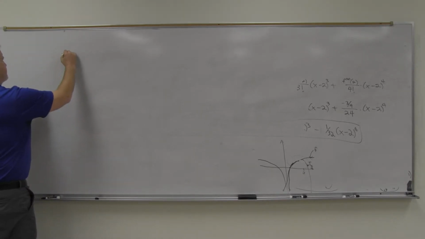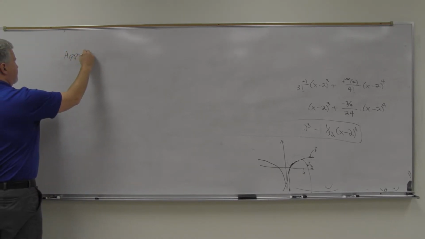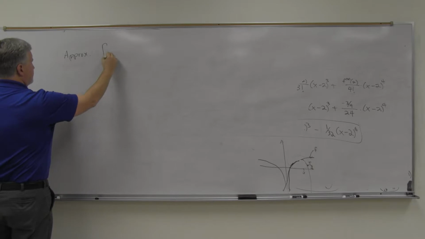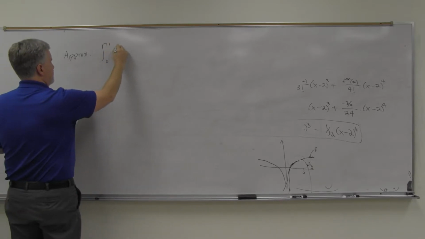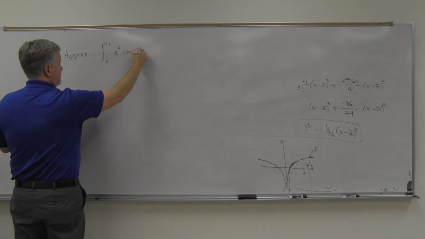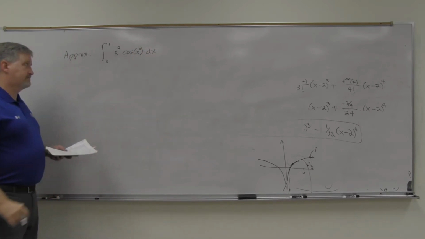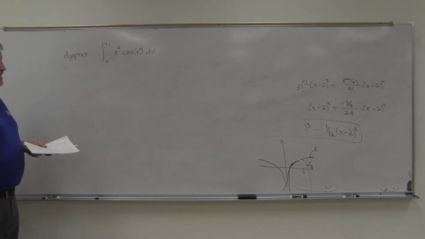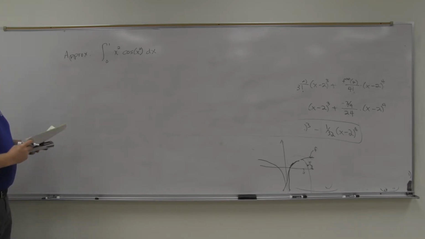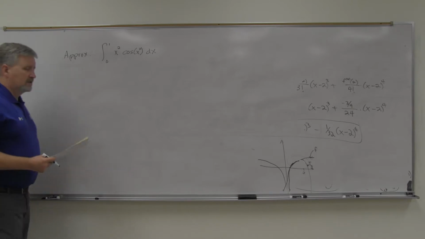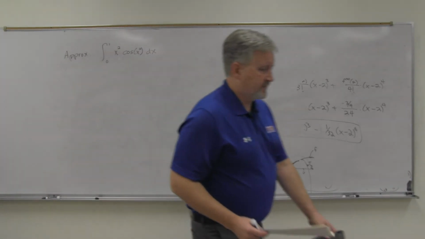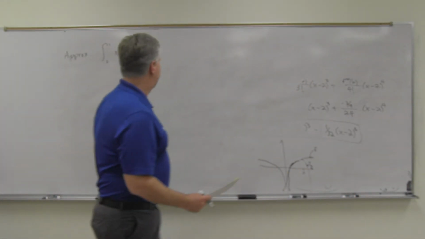All right, so let's approximate the integral 0 to 1, x squared cosine x squared dx, which again, it may be doable in parts, I don't know. But that's not what we're going to do. We're going to approximate it.